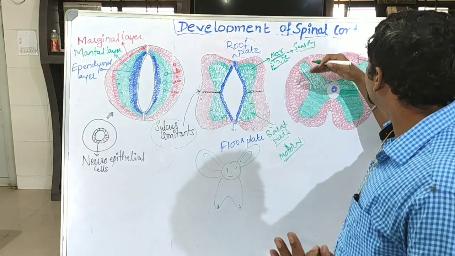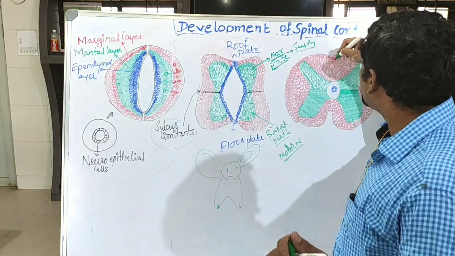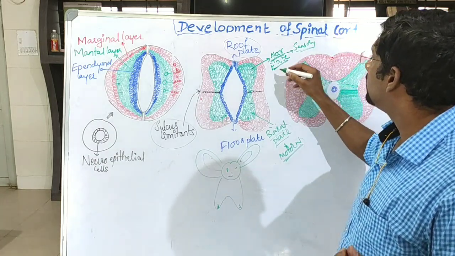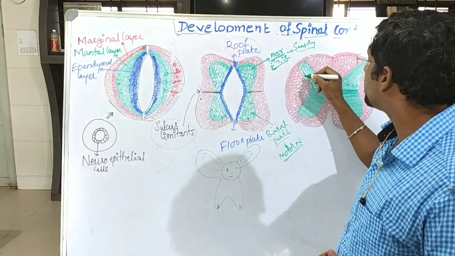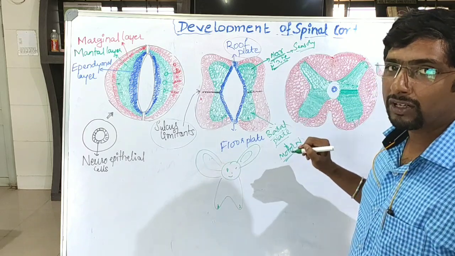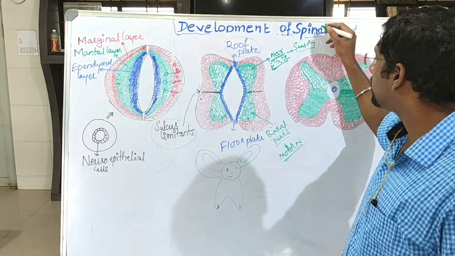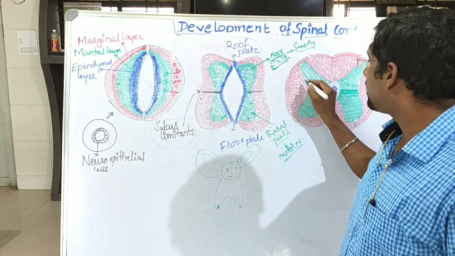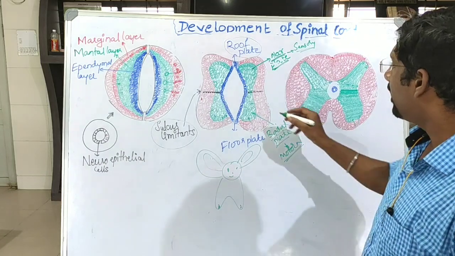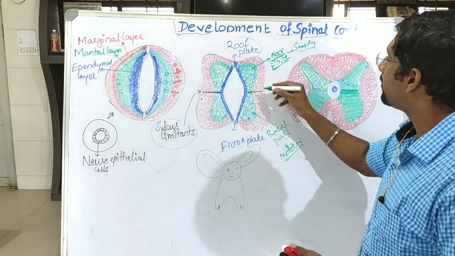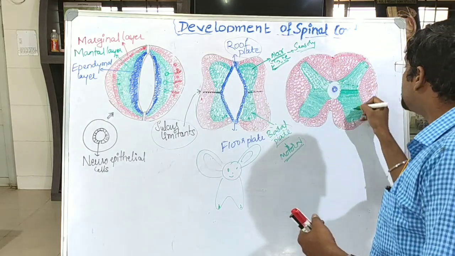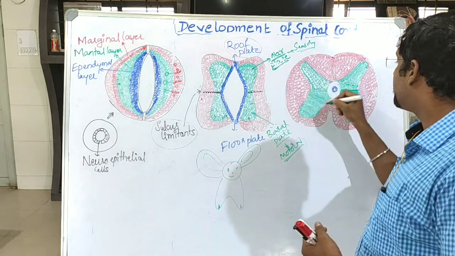This is called the dorsal white column, this portion is the lateral white column, and this is the ventral white column, because they form the white part. And due to this development, the alar plate and the basal plate of the mantle layer will appear H shaped.